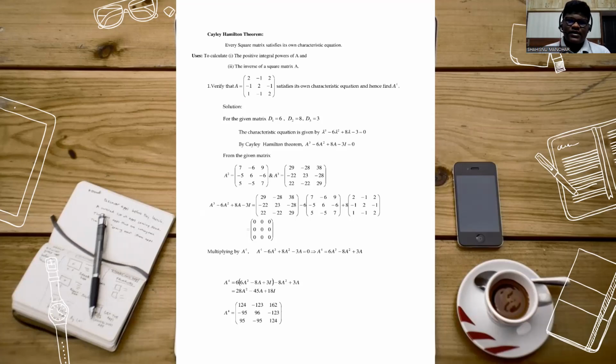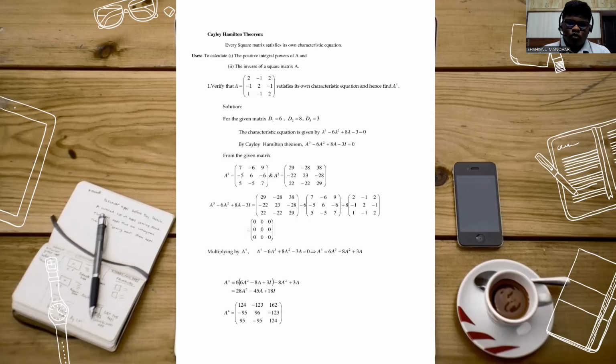From the given matrix, finding A square, substitute the given values on the respective positions, and we get A square and A cube. Now, as soon as we get A square and A cube, substitute those values in the Cayley-Hamilton characteristic equation. Now we get a final output.